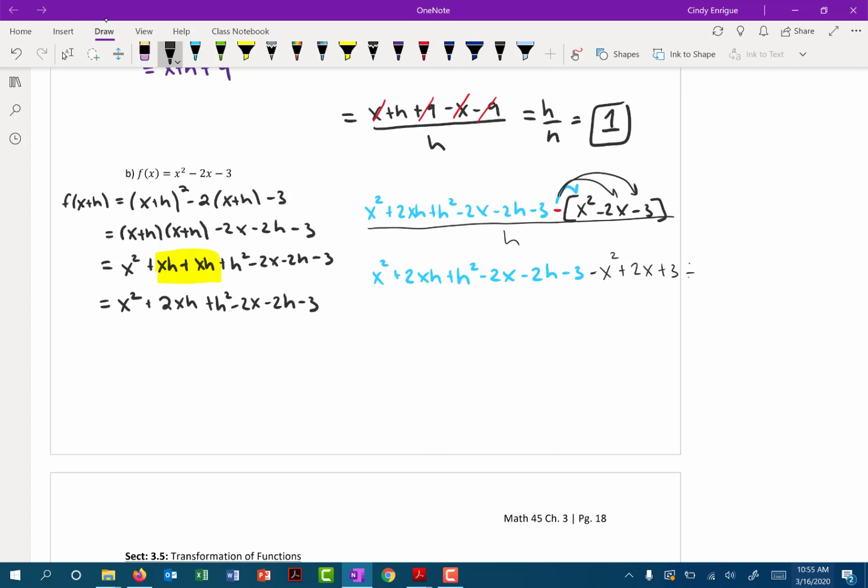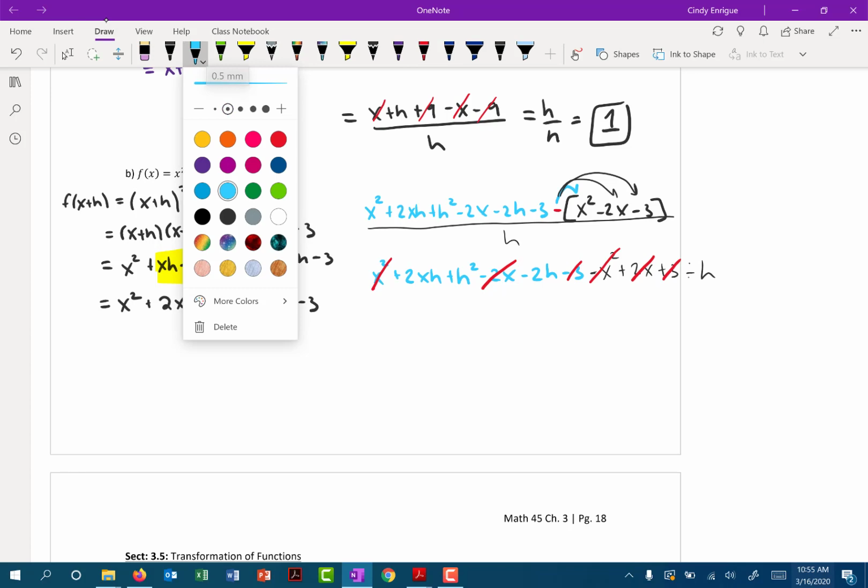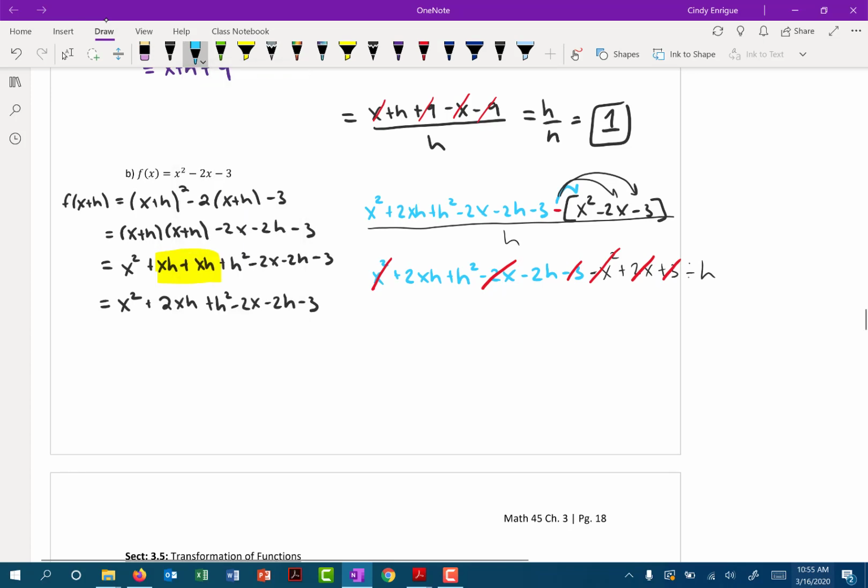And over here, I'm just going to say it's all being divided by h. So what I can see, some things are going to be canceling out. I know that this x squared cancels out with that negative x squared. I see a positive 2x and a negative 2x. And I see a negative 3 and a positive 3. So all of that f of x that was in my original equation ended up canceling out.